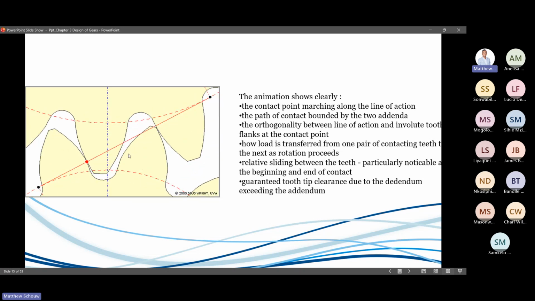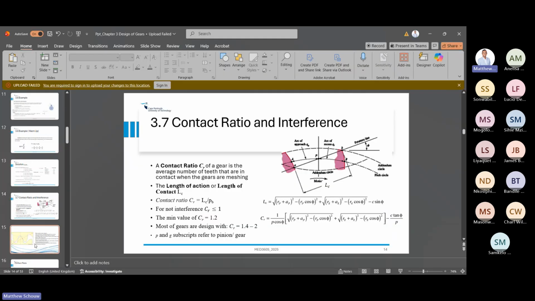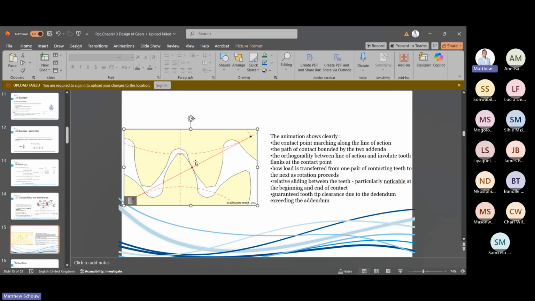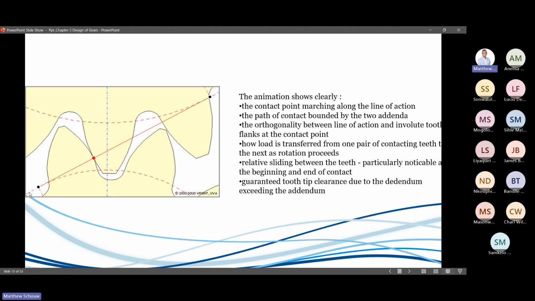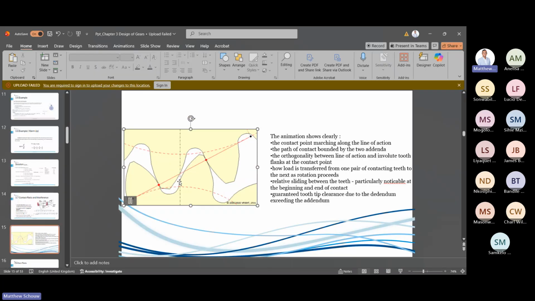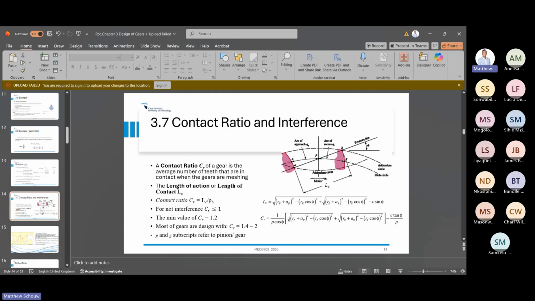So if I would perhaps stop that image, I could just pause it at that particular image. Can I pause it over here? Okay, cool. Let me just pause it over here. That particular point over there is the so-called pitch point. It's very important.